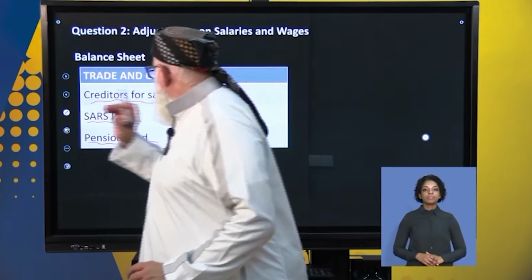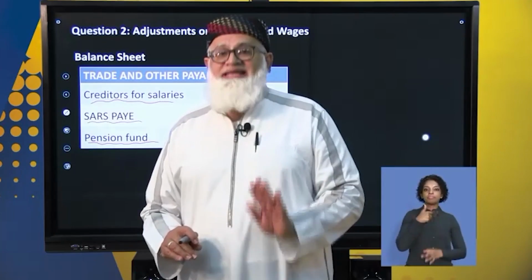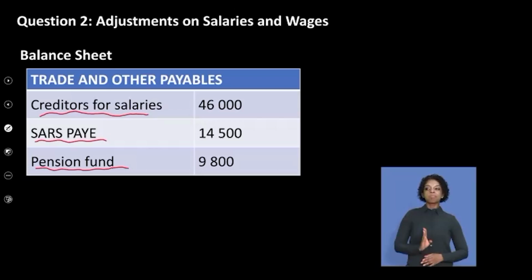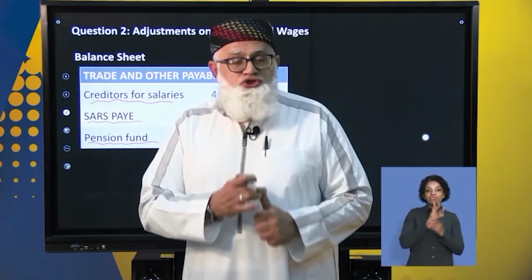Now, let's just go back here and deal with the format of the note. In other words, what else would appear under trade and other payables? What other items would appear under trade and other payables? Remember, you've got your creditors control, namely your trade creditors, right?